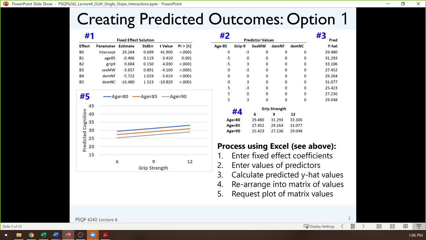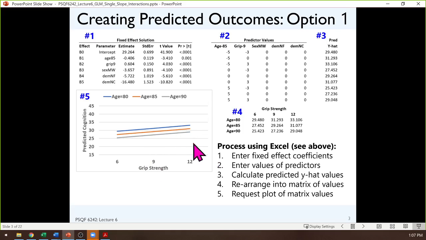There are none of those "depends on" caveats in the model. So the model predicts the same effective grip strength at all ages, which is why the lines are parallel. And the model predicts the same effective age across grip strength, which is why the distances between the lines are constant.